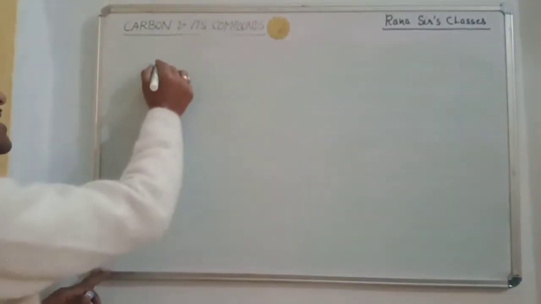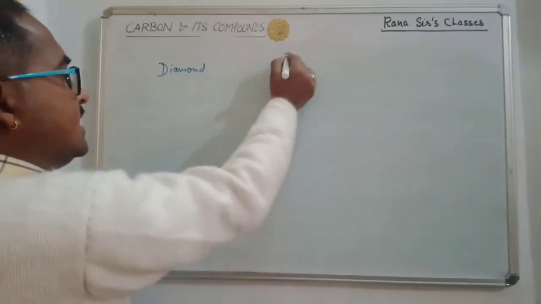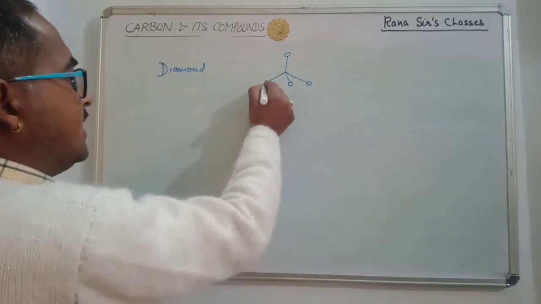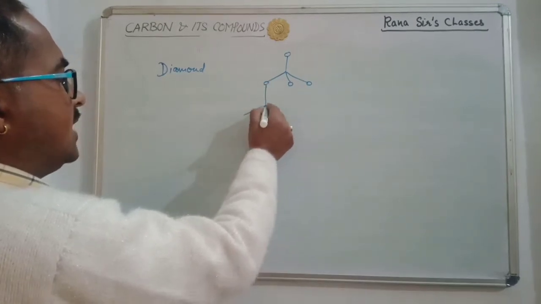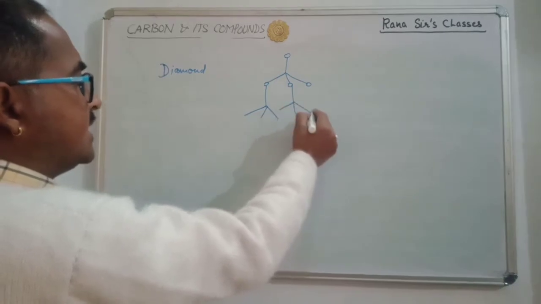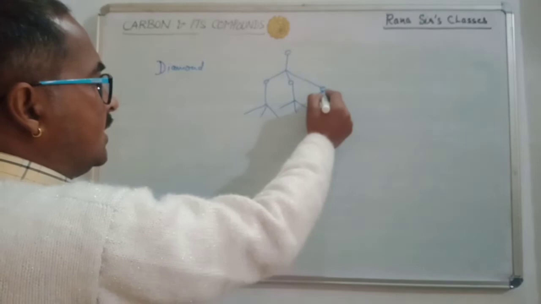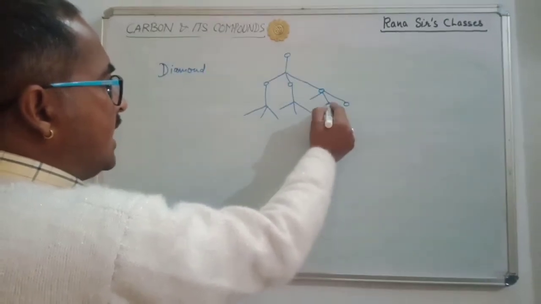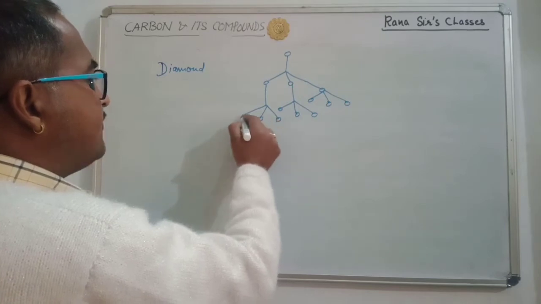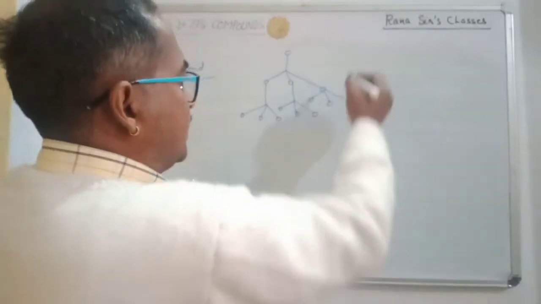So in case of diamond, the structure goes like this, and again it repeats like this.